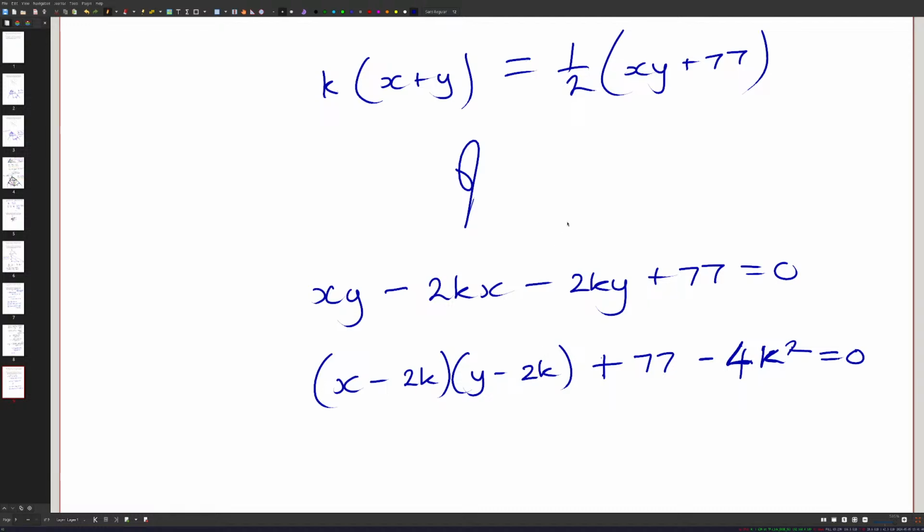Because this doesn't restrict anything that we're dealing with here.